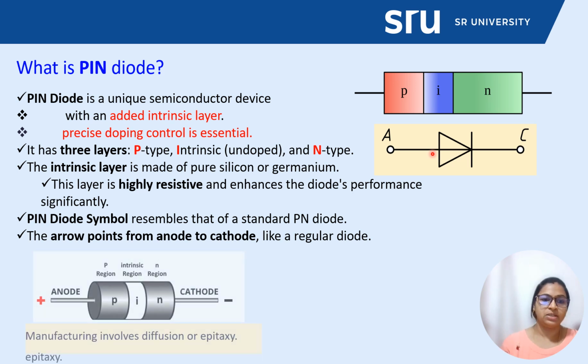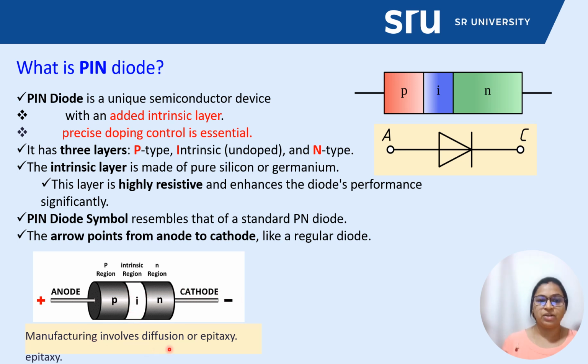And if we see how this PIN diode is manufactured, in this way it is manufactured: the P region, the N region made with this cathode, and in between there is the intrinsic layer.